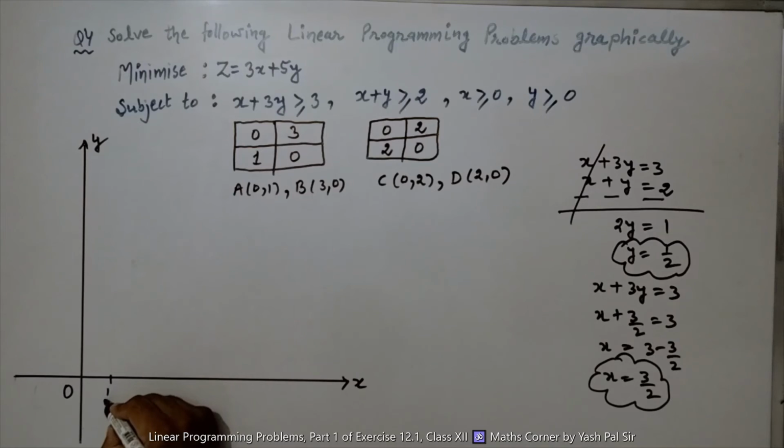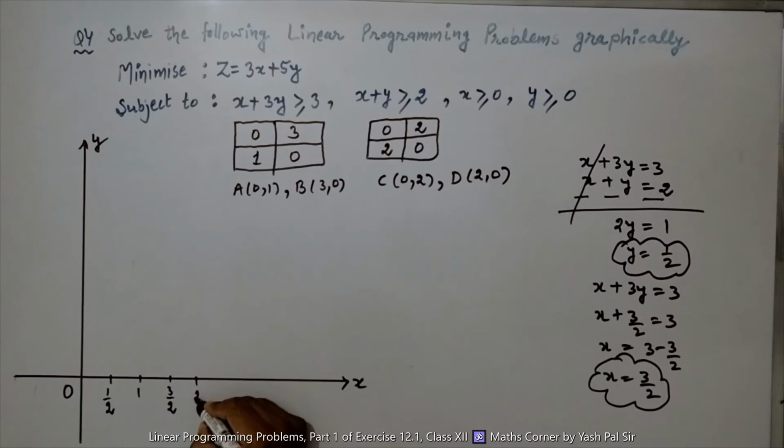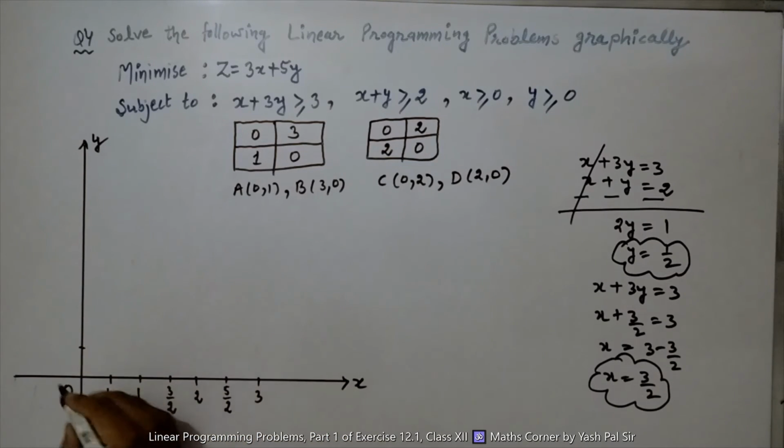So we make equal parts: 1 by 2, 1, 3 by 2, 2, 5 by 2, 3.